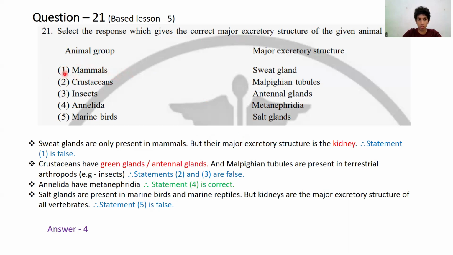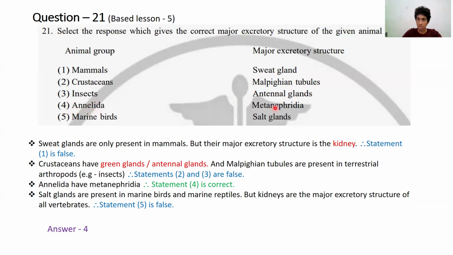So therefore, the first statement is false. 2. Crustaceans, Malpighian tubules. No, that's false. The major excretory structure of crustaceans are green glands or antennal glands, while Malpighian tubules are present in terrestrial arthropods, for example, insects. So the second statement is false, and the third statement is also wrong because antennal glands are not present in insects.